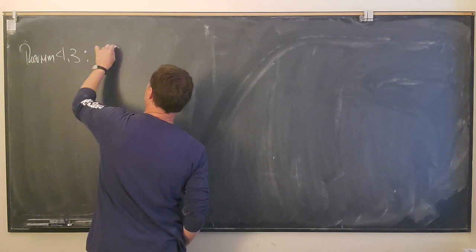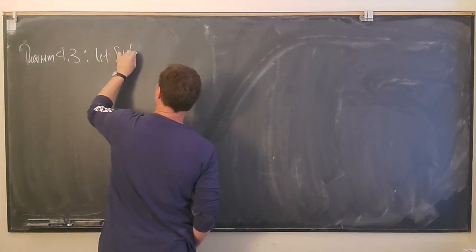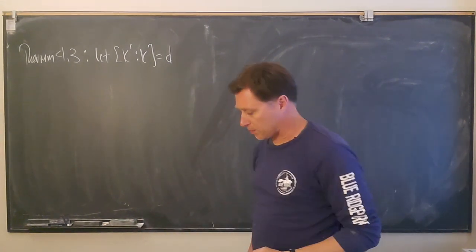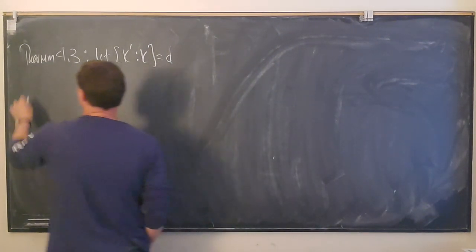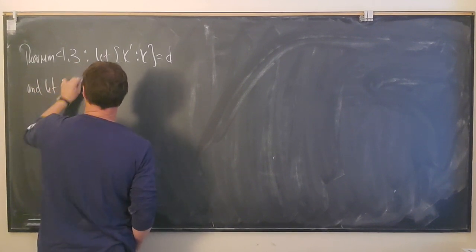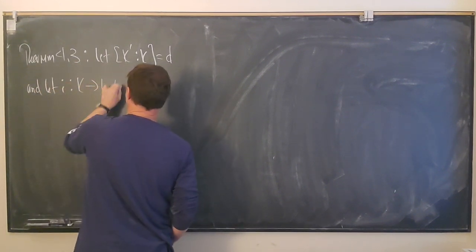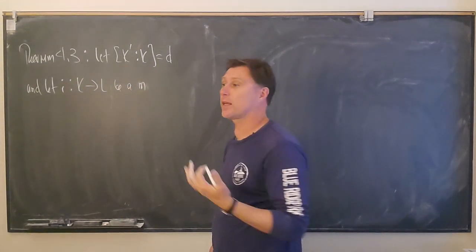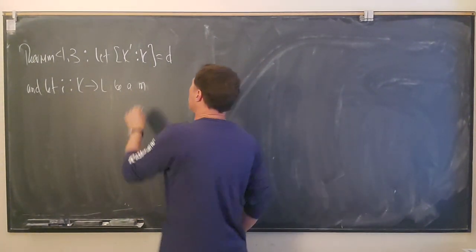Let's let the degree of k prime over k equal some number d, and let I from k to L be a monomorphism. So once again, this is going to be an extension counting theorem.